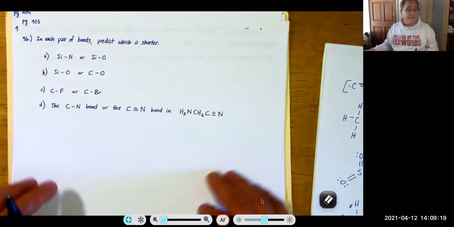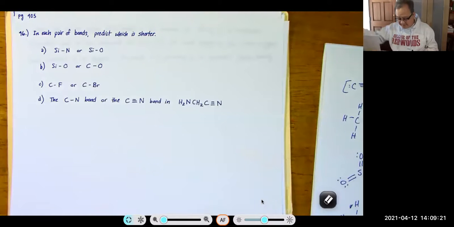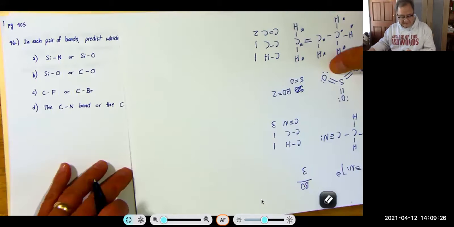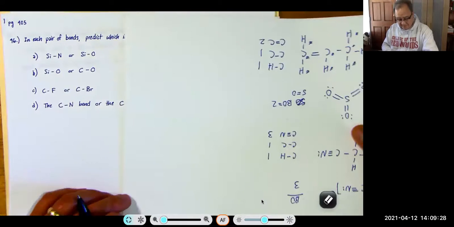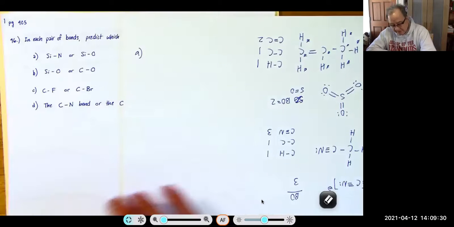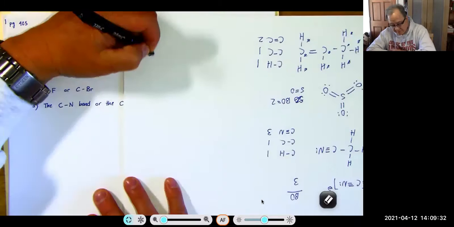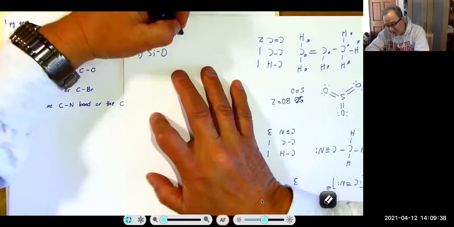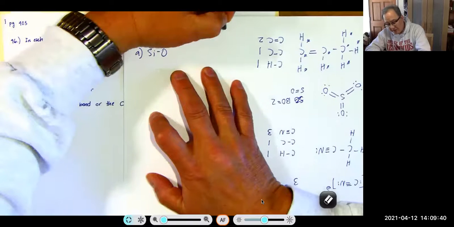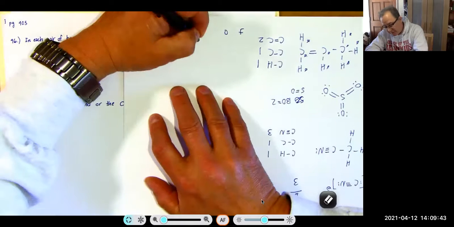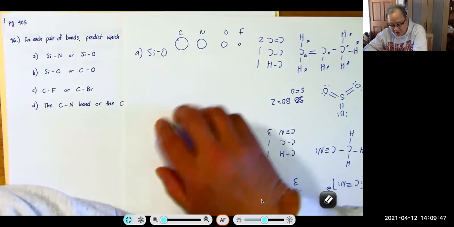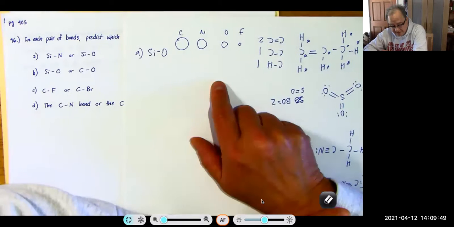Predict which is shorter. How about A? SiO. Why is that? Well, I'm going to show you. Carbon, nitrogen, oxygen, fluorine. They get smaller as you go to the right, correct? Right. Okay.